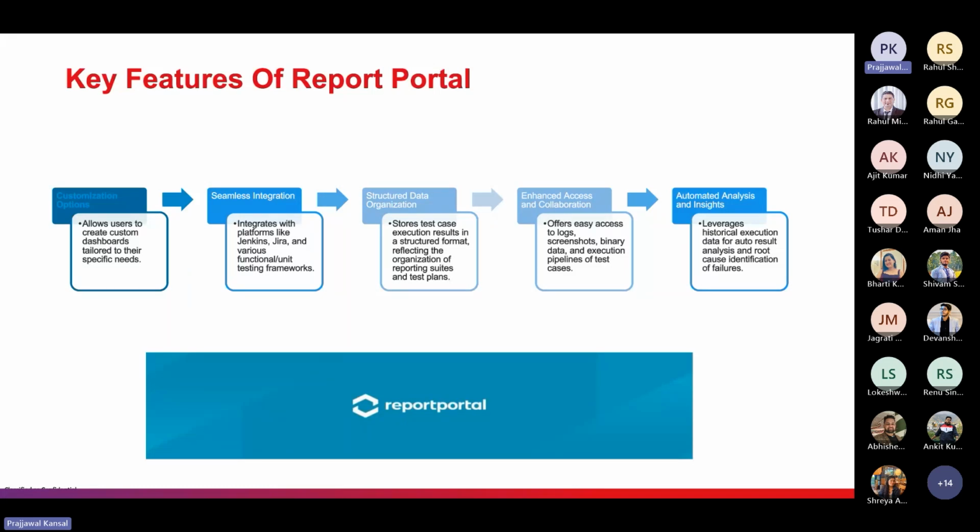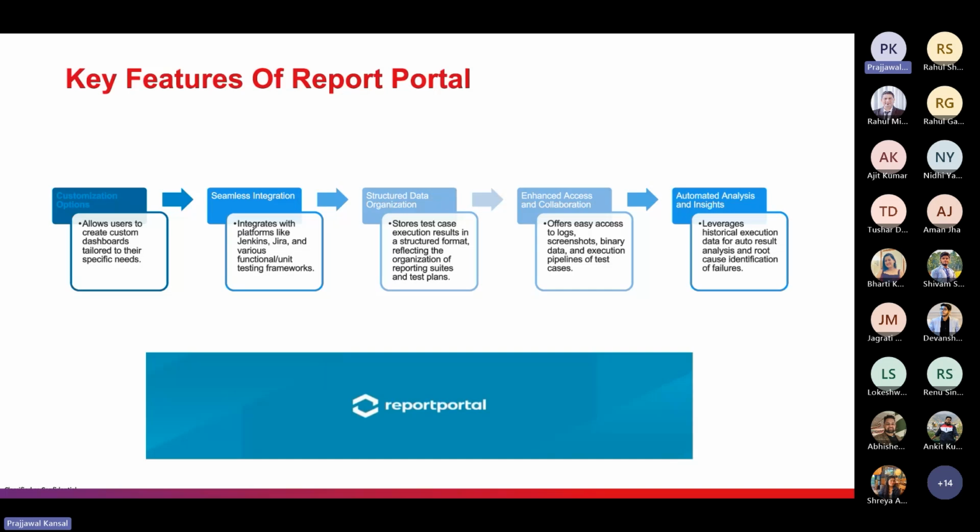Next one is the enhanced access and collaboration. Report Portal provides easy access to essential resources related to test execution, logs, screenshots, and any particular new data that you want to see.